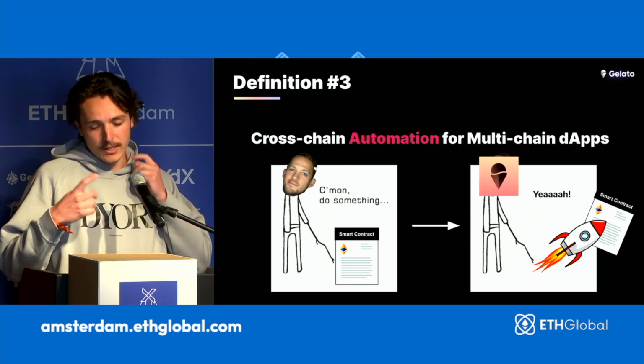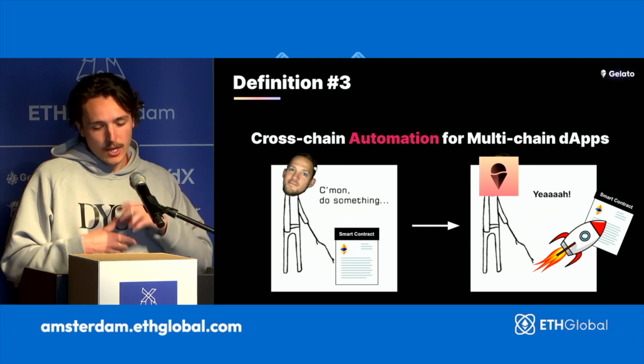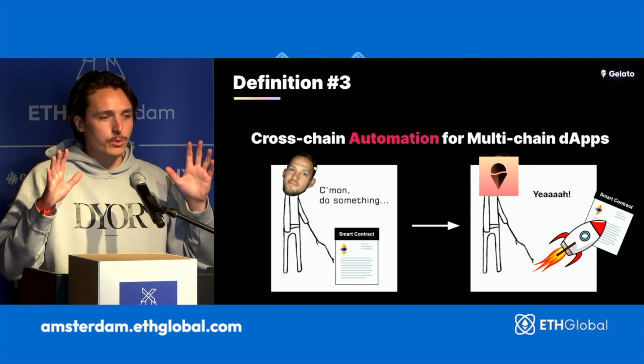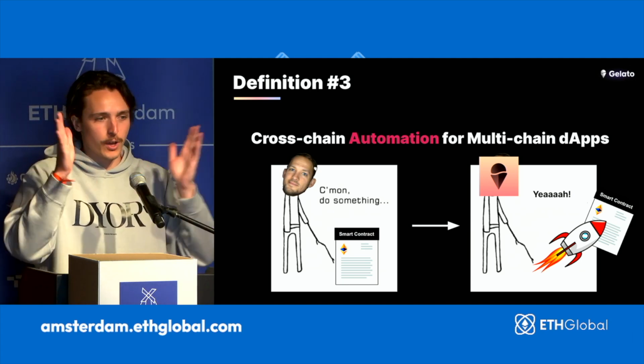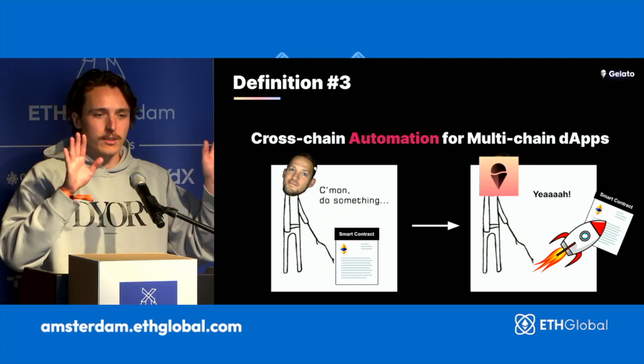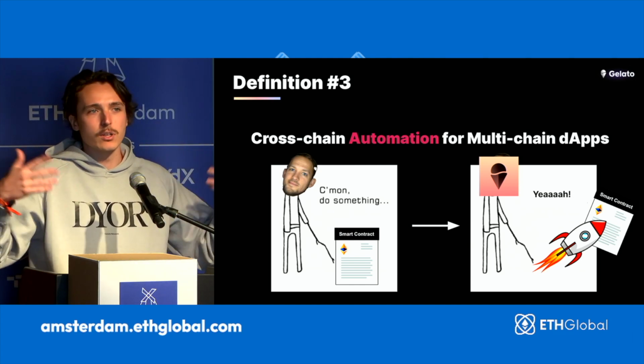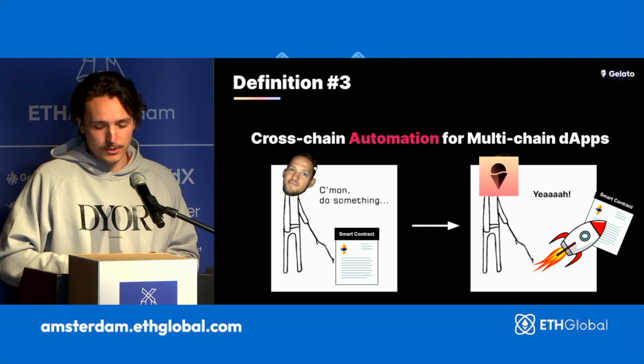But this is the last piece of the puzzle. In order to create truly multi-chain dApps that communicate with each other, you need automated processes to redirect the information that enables them to communicate with each other, every day or every couple of hours.